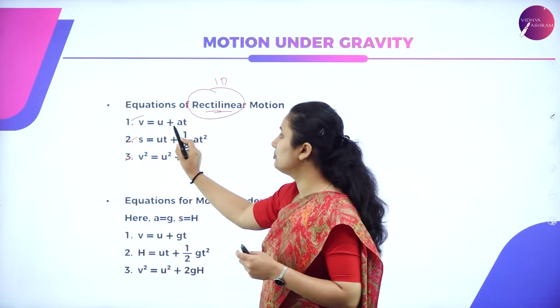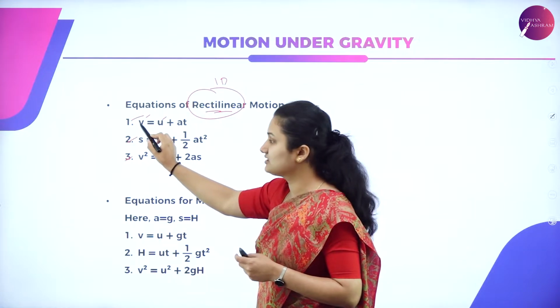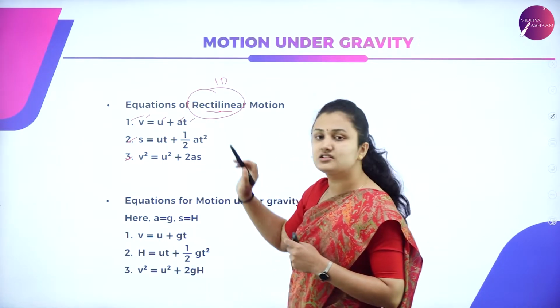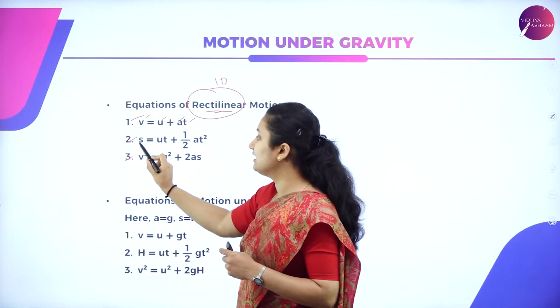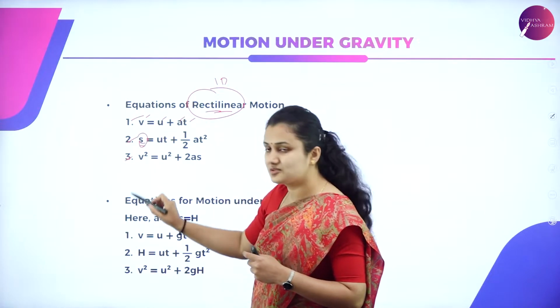V is equal to U plus AT. Here V is the final velocity, U is the initial velocity, A is acceleration, T is time. Similarly, we have the second equation to determine the distance, where S is the displacement.